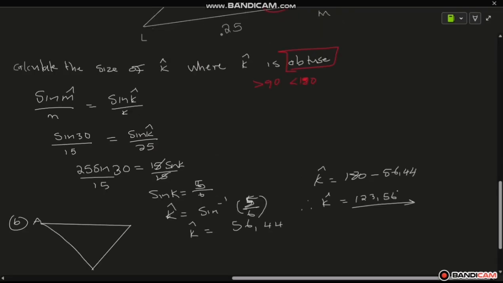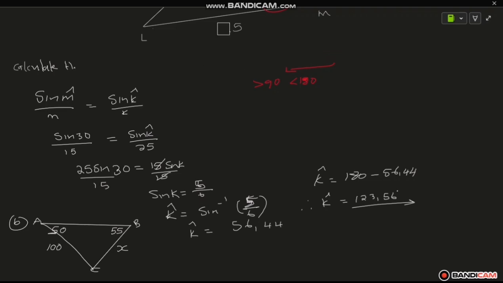Yes, now we have A, B, and C. Then we have 100 as AC, we have X as BC, and we have 50 as angle A and 55 as angle B. Then they want us to determine the value of X, the unknown variable X, or length BC.